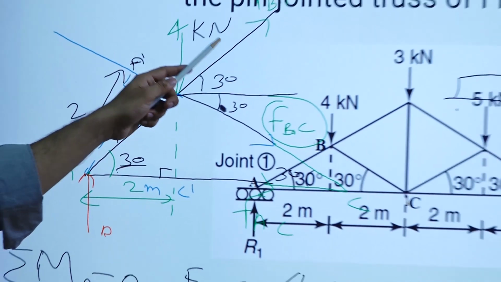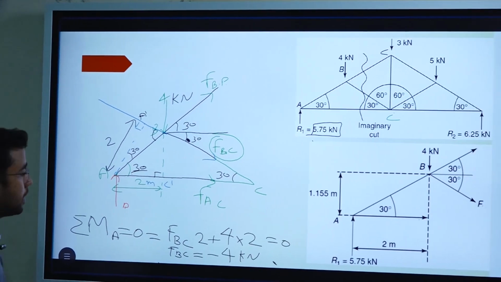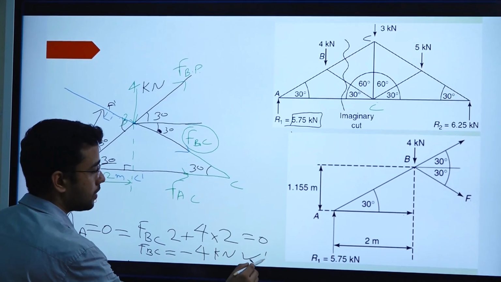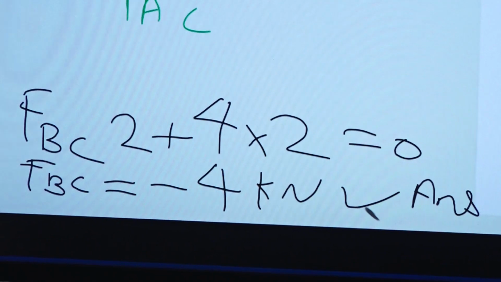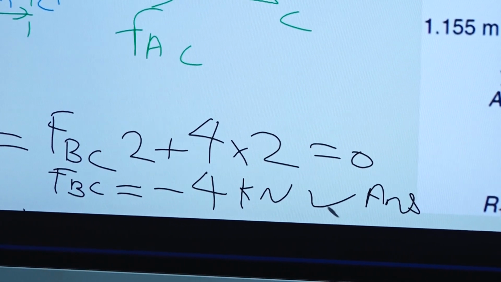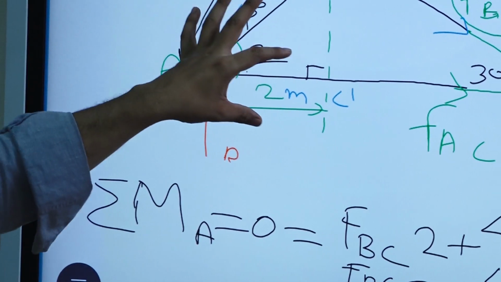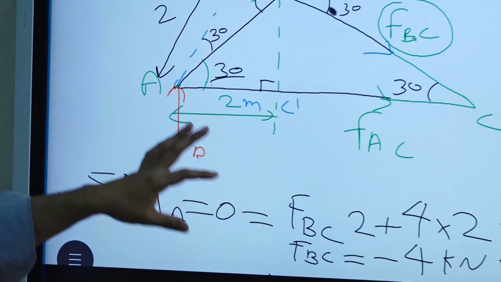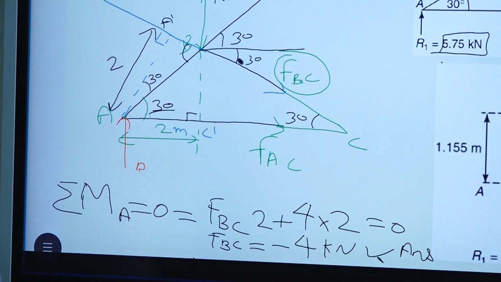That's what they are asking, the internal force in link BC. This FBC only we have to find, that is minus 4 kilonewton. So that is our answer. Even though we do not have to do a lot of calculation, it was mostly an algebraic thing. If you know the algebra, then you can easily solve it. Again, it is 11th class mathematics. It has nothing to do with engineering.